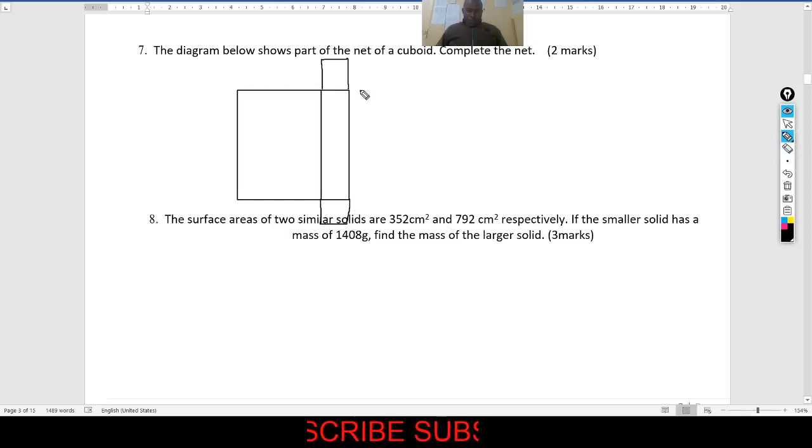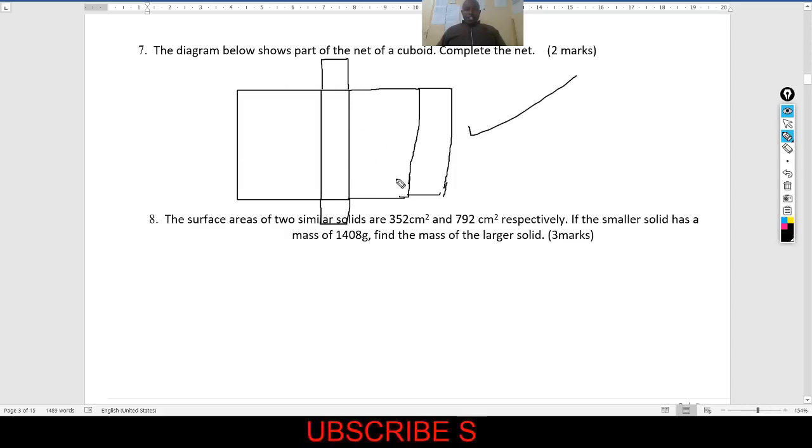Then we can also have this one. And then we can also have this. Yes, this is how, if you fold this, it will form a cuboid.